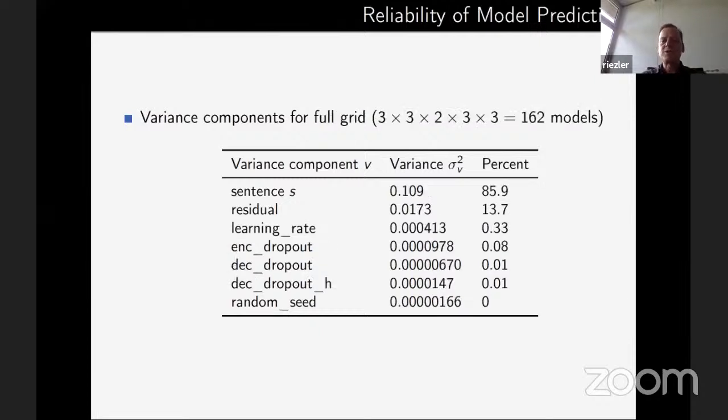So there was a nice variation in the test data. And we see if we look at more models, so an extended grid, then the variance goes even up for the sentences. So the reliability goes even up. So why is that? Because we are including meta-parameter settings that are actually not of interest. Every human modeler knows, no, this I don't want to even try to work with a dropout rate of 0.